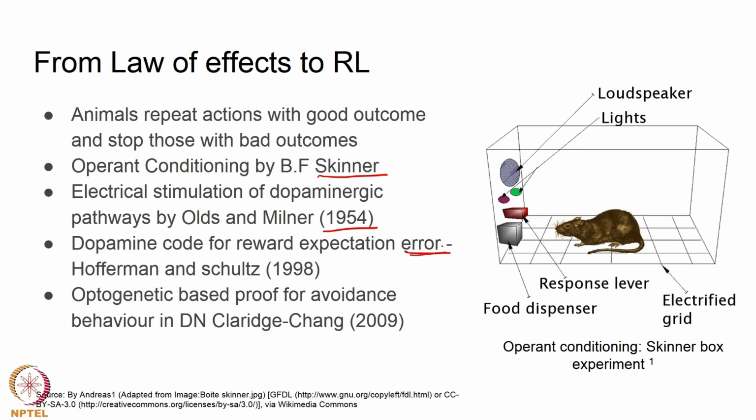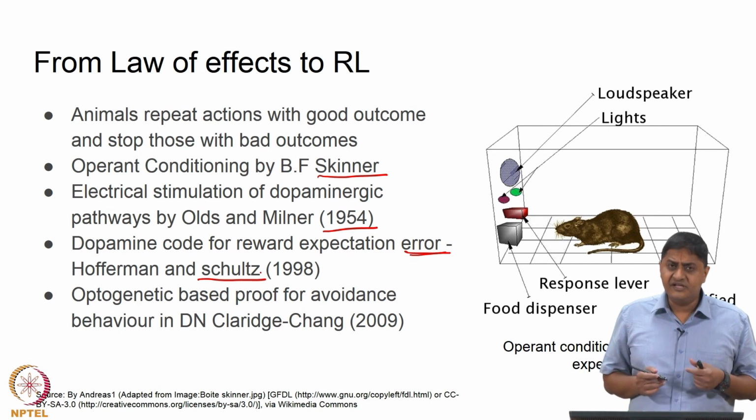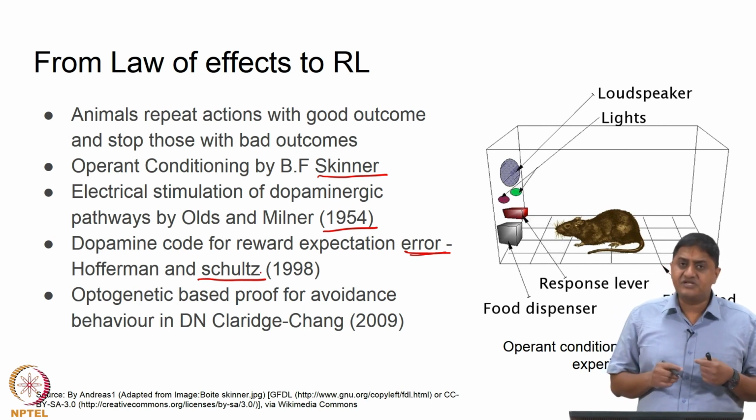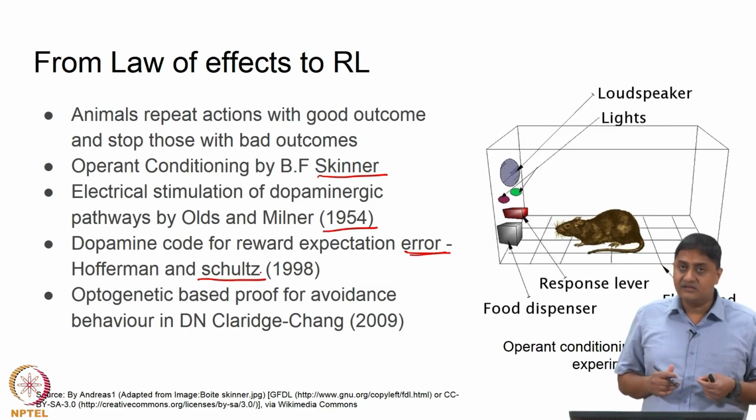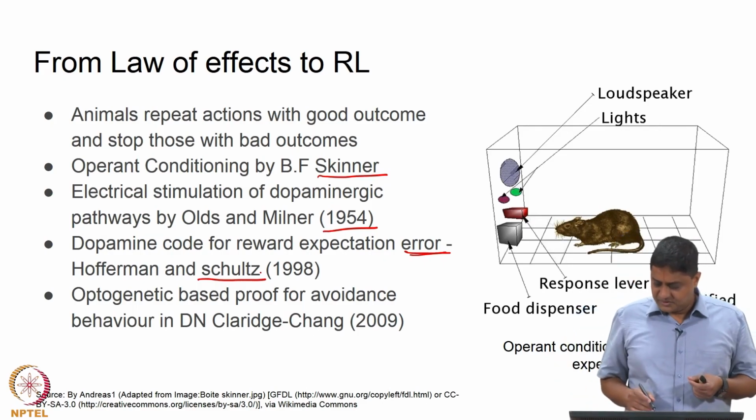This is work from Dr. Schultz and his group. And more recently there is evidence to suggest that optogenetic modification of these neurons will change avoidance related behavior, etc.